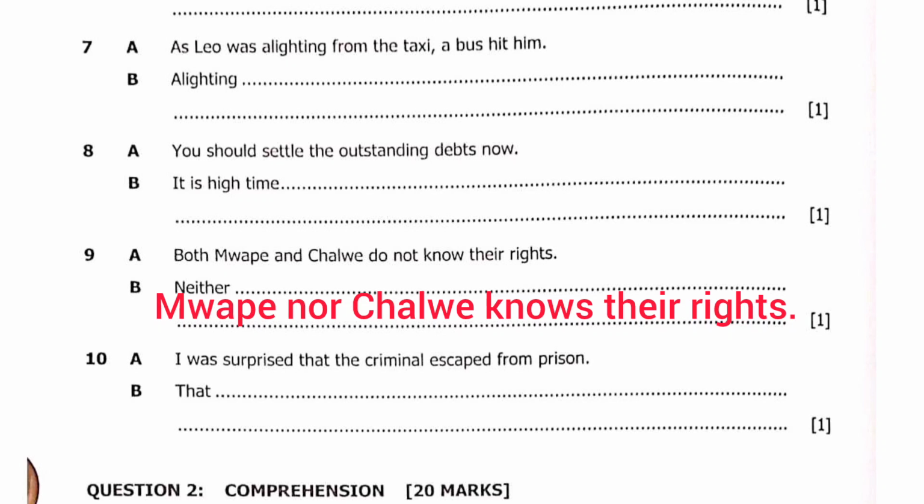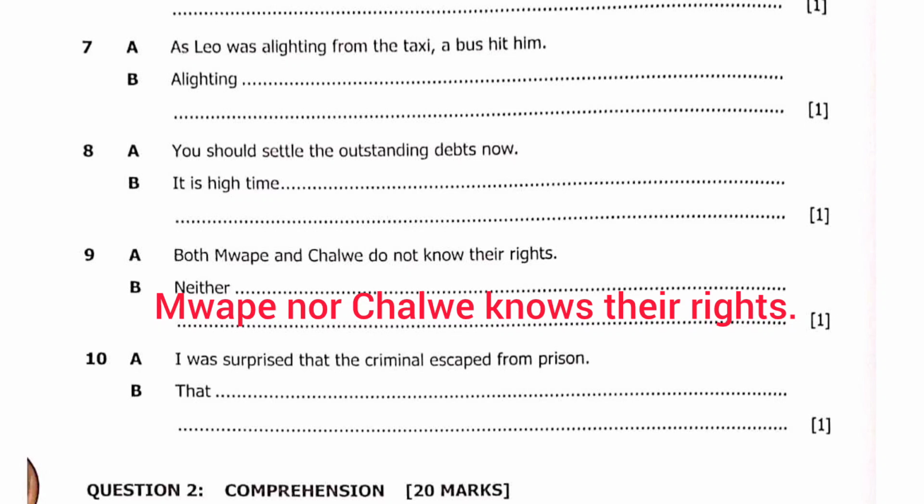So there we have Chalwe. After nor, Chalwe is singular, so we're going to use knows, knows their rights. If after nor there was a plural noun, we would have used know.